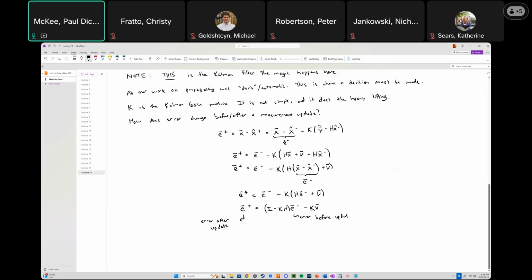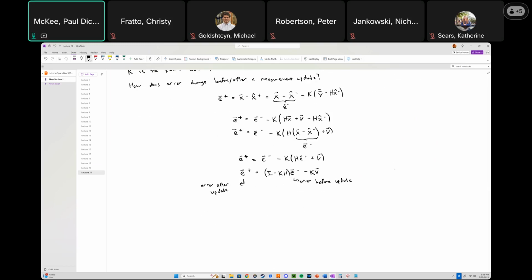Okay, so how does covariance update work? Well, we substitute. So remember, P is the expected value of X minus the expected value of X, and then the expected value of all that stuff, right?